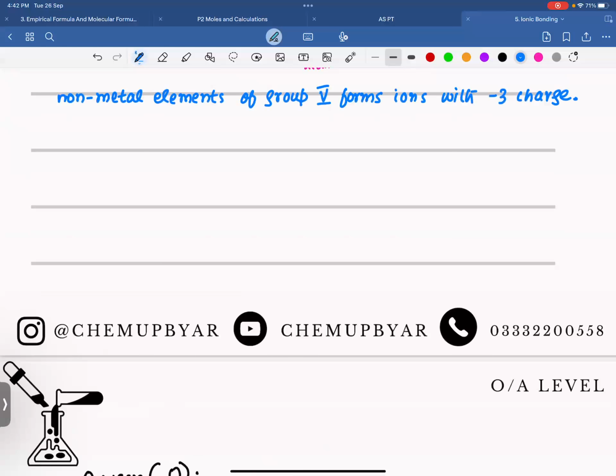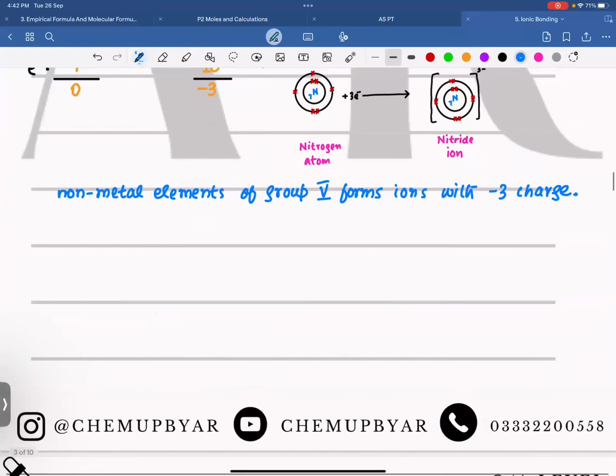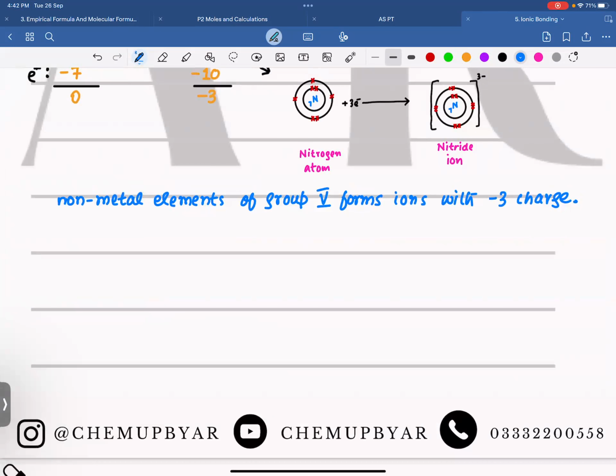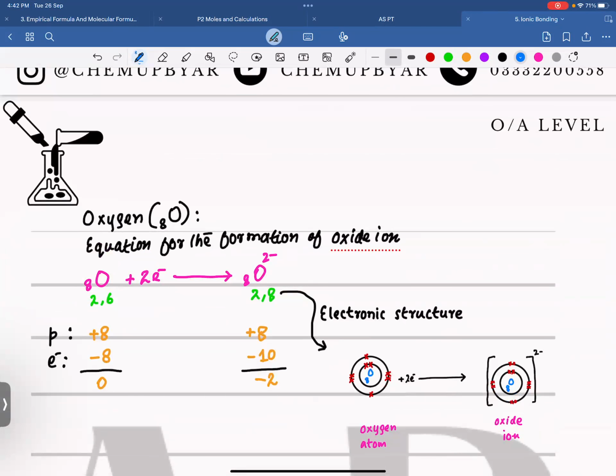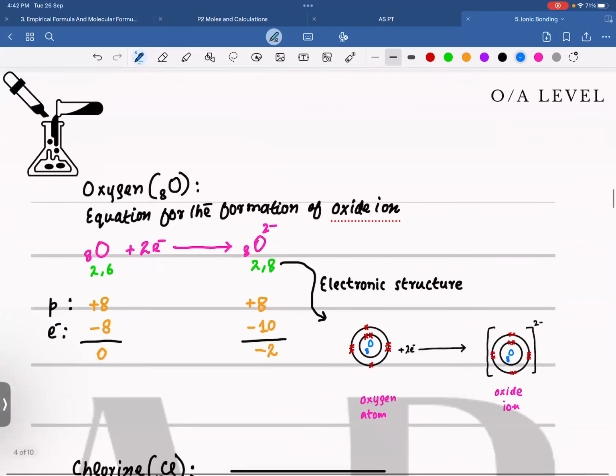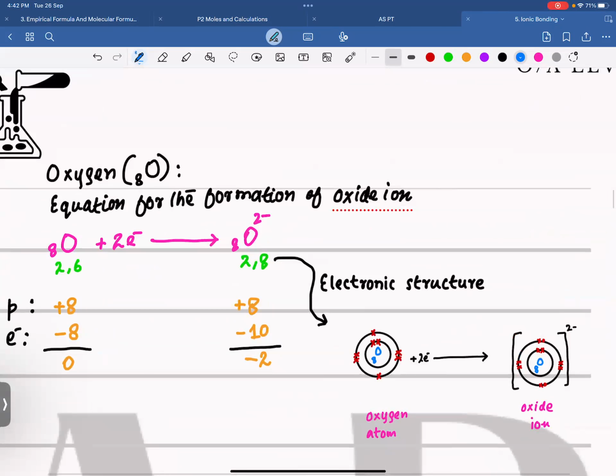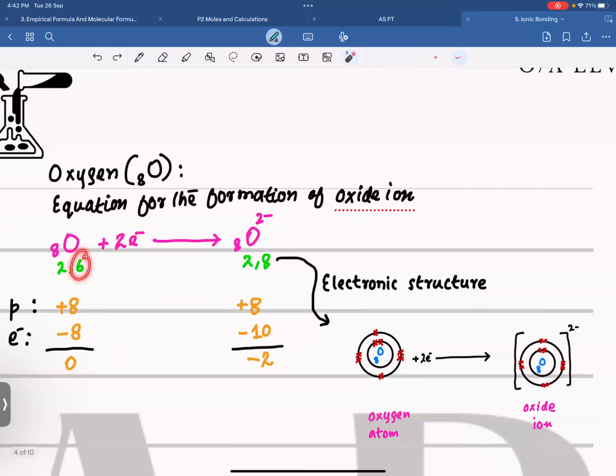So if we look over here, see, it has 6 electrons in its valence shell, right?